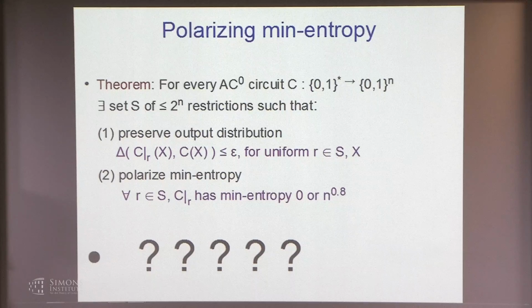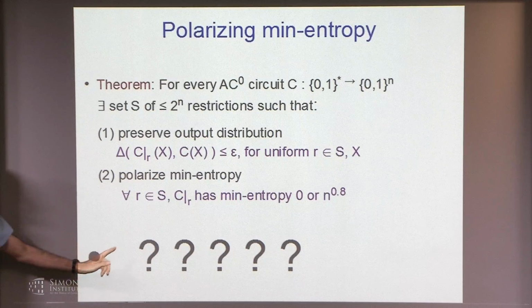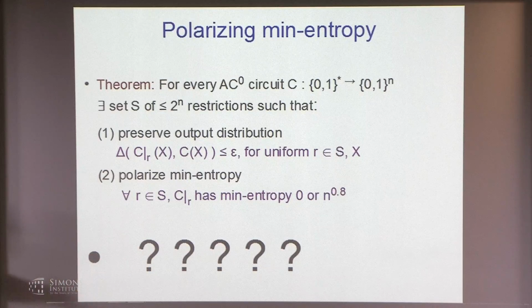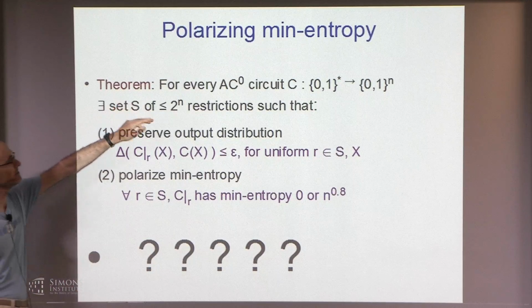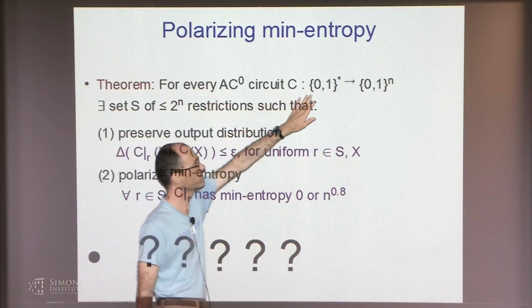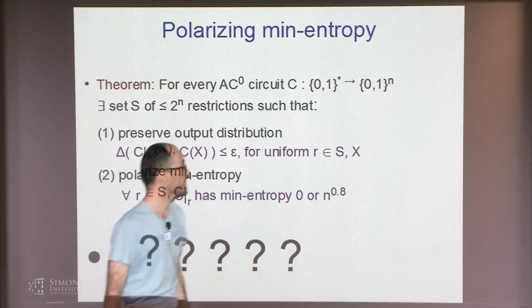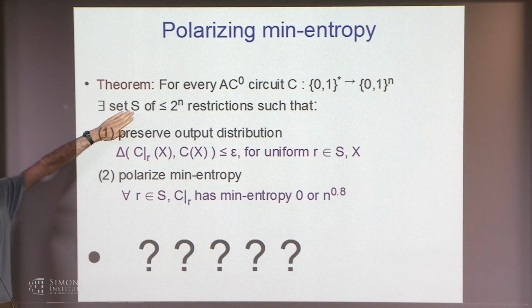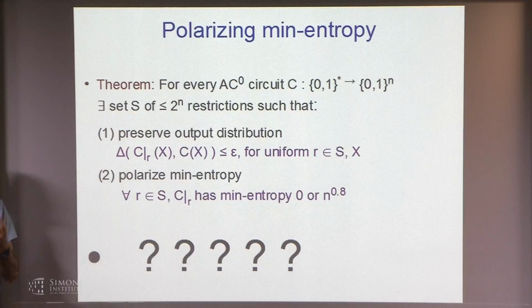So here is the main polarizing result. Let's go through it, and then someone will explain why I have question marks on the slide. I claim that for every AC0 circuit, mapping some input to n output bits, you can find a set S of restrictions that accomplish two things.